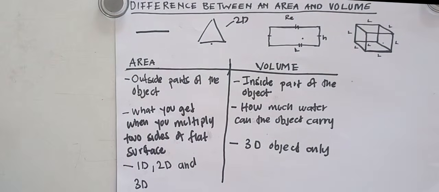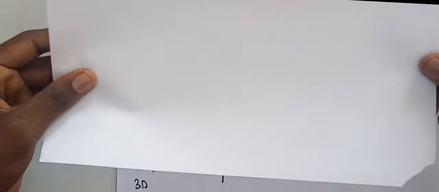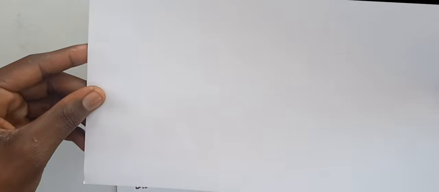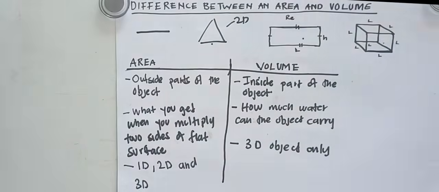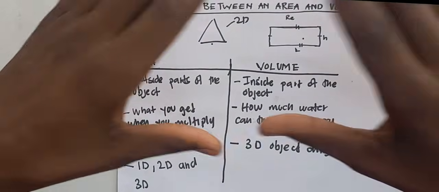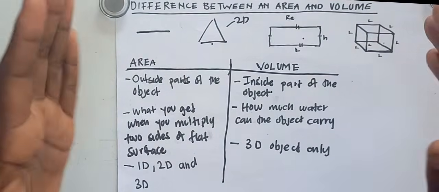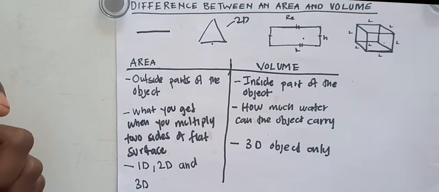For example, if I ask you, how much water can this paper carry or hold? It cannot hold anything. Even if I put this, it cannot hold it, it's coming down. So a 2D object cannot hold anything, and a 1D object cannot hold anything. In other words, it does not have the capacity to carry anything.